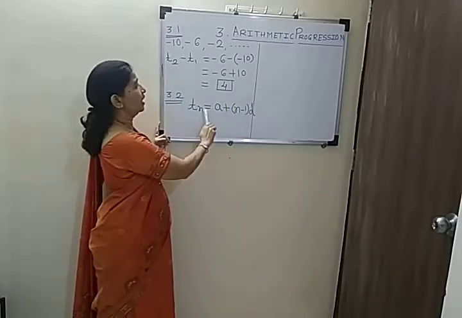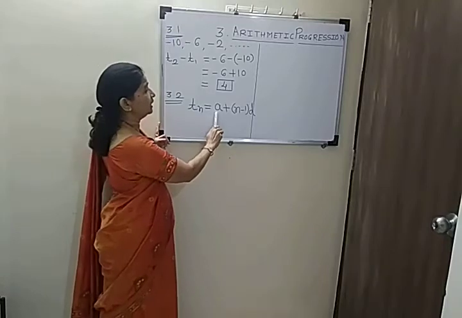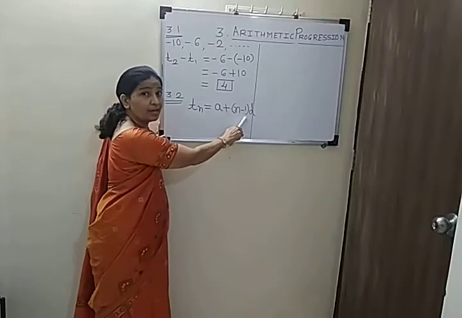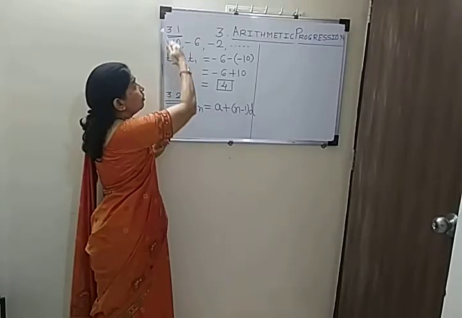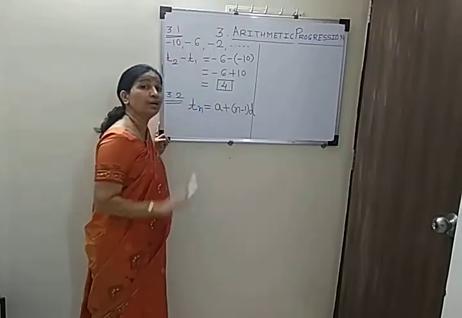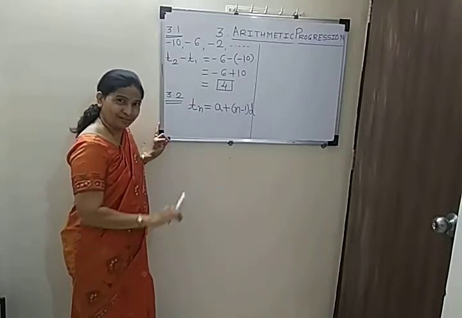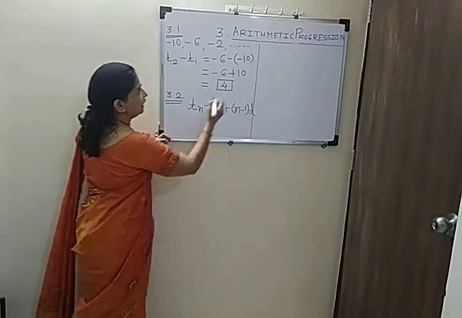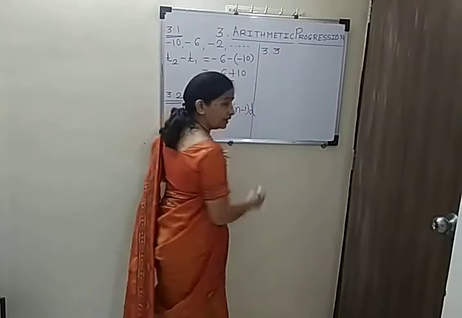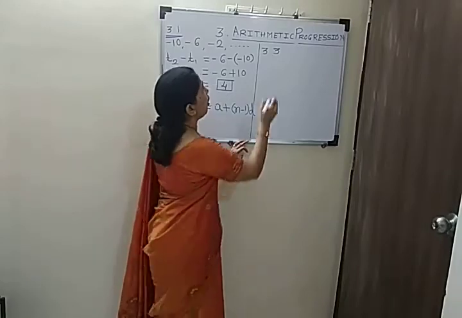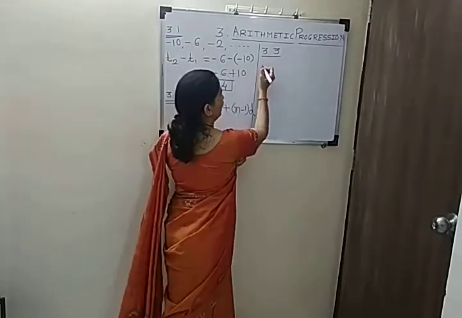Then only we call the sequence an AP if the common difference between the consecutive terms remains constant. Then in 3.3 we learn two formulas for summation.